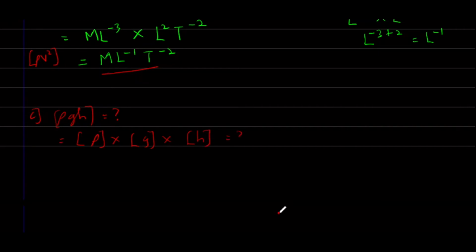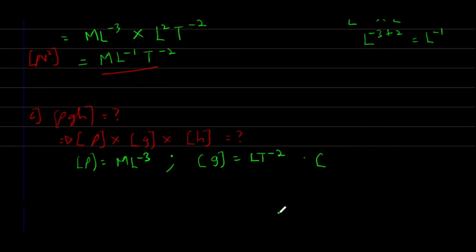So we need to check the dimensions of density, G and height. The dimension of density, we know it to be M L raised to the power minus 3, while the dimension of acceleration due to gravity is LT raised to the power minus 2, the same as acceleration.